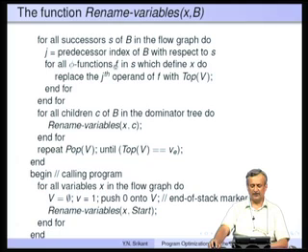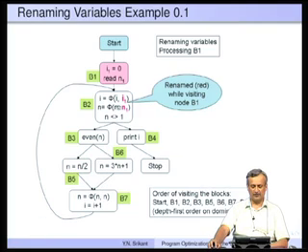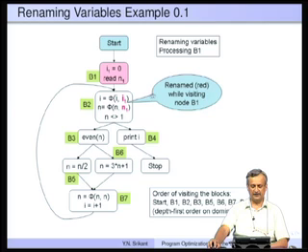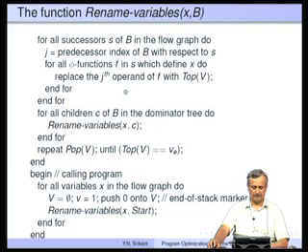So, for all phi functions f in S which define x do: we are looking at the phi functions in this successor, I and n. Okay. So, replace the jth operand of f with top of V. So, appropriately here we are going to replace this with I 1 and this with n 1. So, the replacement for phi functions is over.